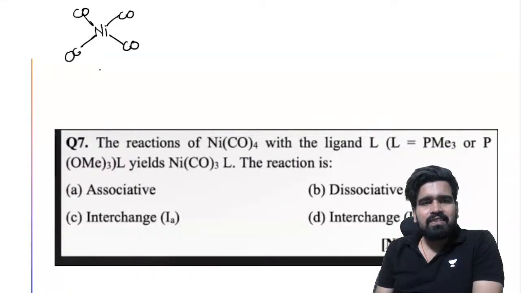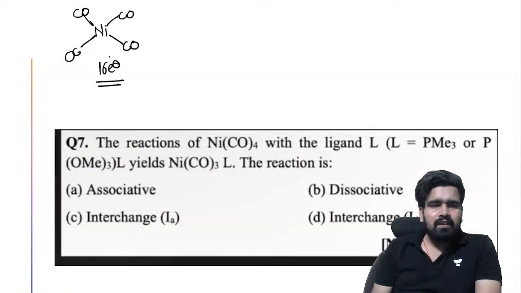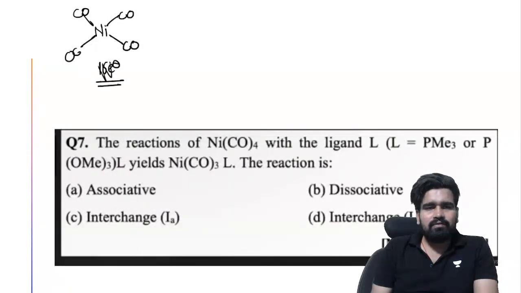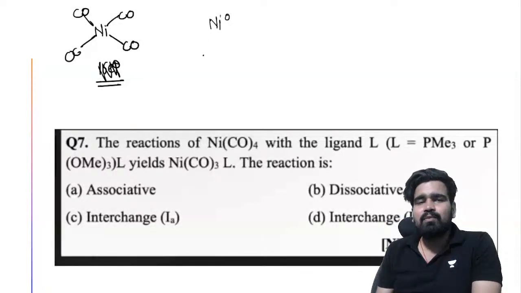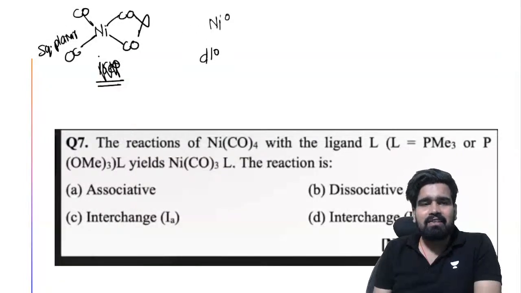So is this a 16 electron complex? Is it 16? No, if you check, it is not 16. Nickel here is in zero oxidation state, because all the CO are neutral. If nickel is in zero, it has a d10 configuration, so it can't be square planar, it will be tetrahedral in nature.